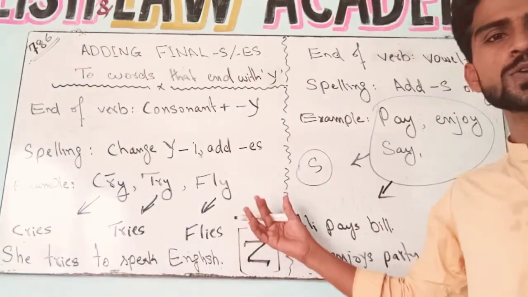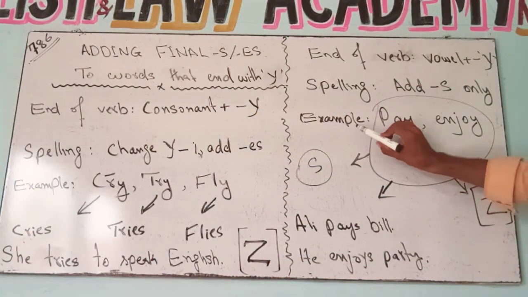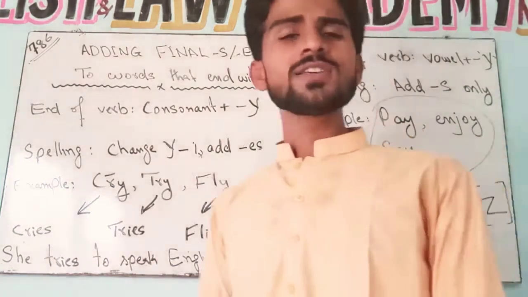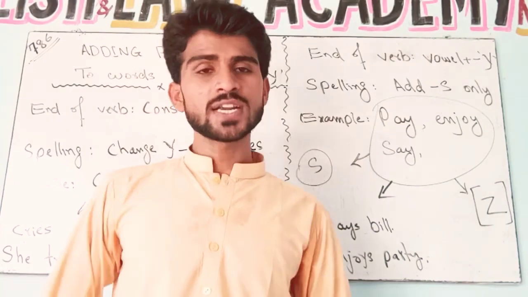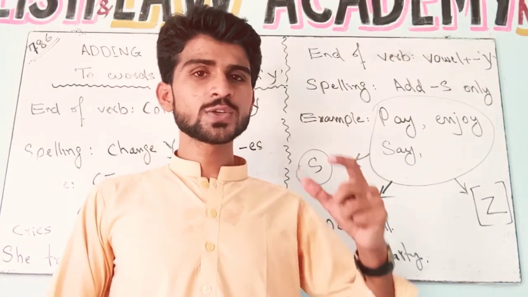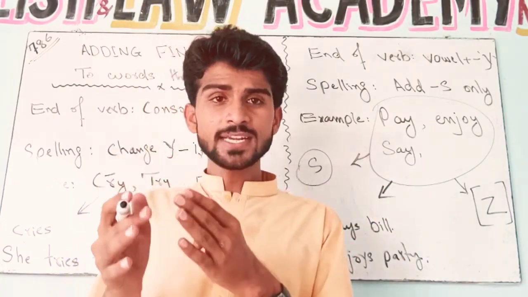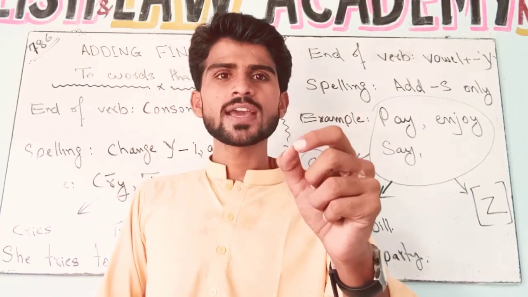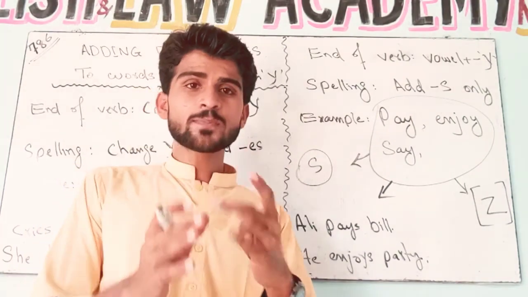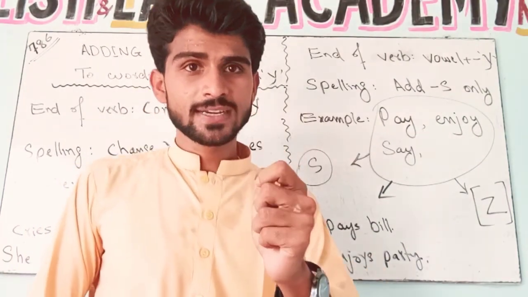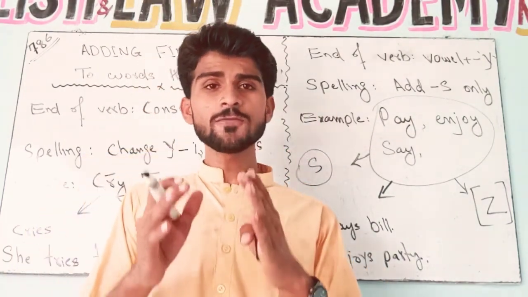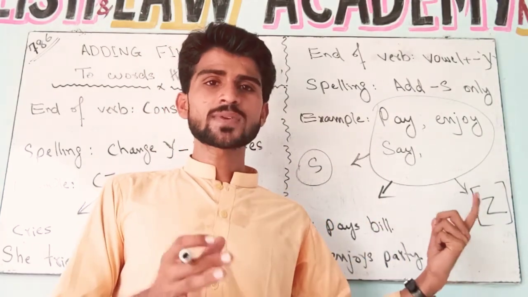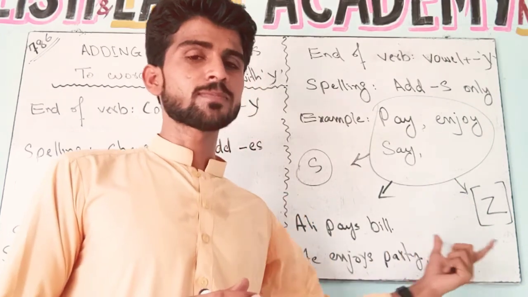There are many examples you can see. For example, pay, enjoy and say. So simply, you don't need to worry: if you are using a verb which ends with a vowel and Y, then we only add S. You know that it shall be pronounced with the voice of Z. The S shall be pronounced with the voice of Z. For example, if we are using such verbs in present simple tense, we can use them this way.